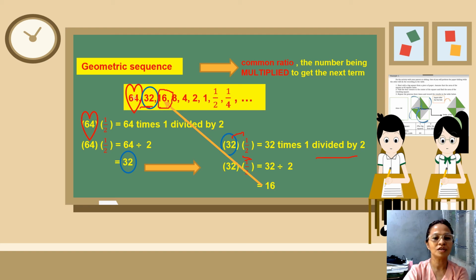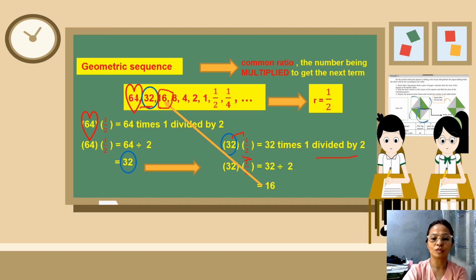If we continue the process, 8 times 1/2 will give us the next term, which is 4. So we call 1/2 the common ratio.